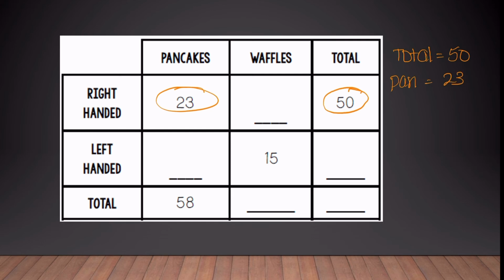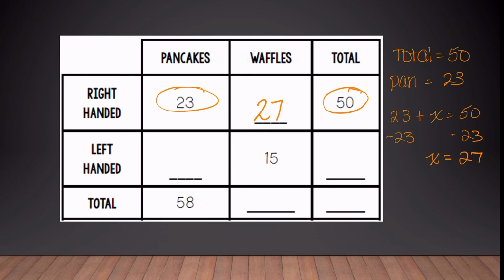And I got that by doing 23 plus something to give me my total. So to solve, I actually subtract. So if I subtract 23, I would find out that x equals 27. So 27 people like waffles.